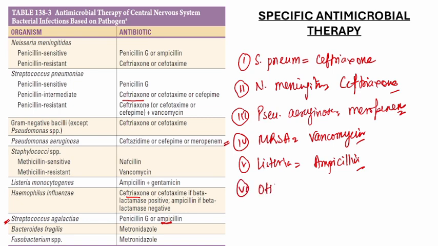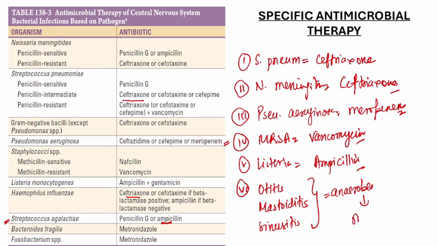Whenever there is otitis, mastoiditis, or sinusitis. We suspect anaerobes in these scenarios, so we have to add metronidazole. So this is the specific antimicrobial therapy that you have to give.